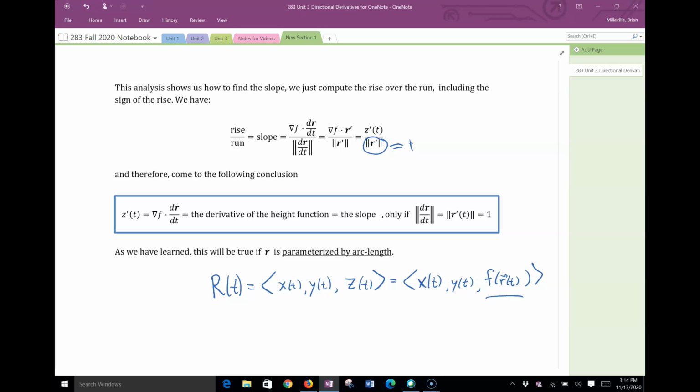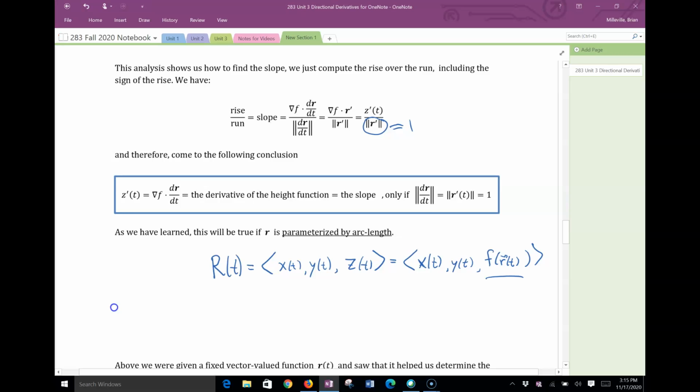And we know from our earlier experience that that will be true if the curve little r of t is parameterized by arc length. So if we have an arc length parameterization for our curve little r of t, it will represent the slope of the surface in a specified direction, and that direction is determined by the derivative of little r of t, as discussed in video 1.